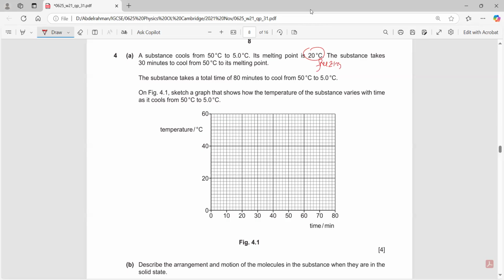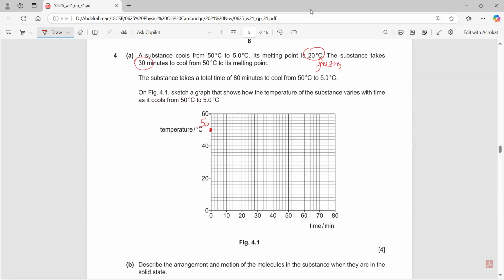A substance cools from 50 to 5 degrees. Its melting point is 20 degrees. It takes 30 minutes to cool from 50 degrees to the melting point. So first of all, can I draw the part from 50 degrees, which is at this point, to 20 degrees, which is the freezing point, after how many minutes?